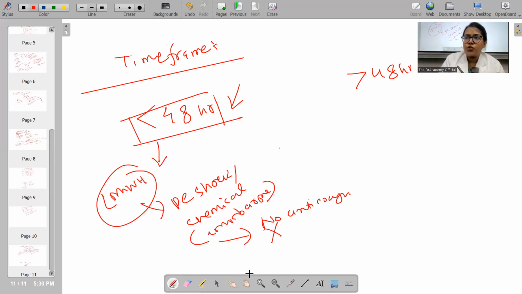If the patient has presented to you within the 48-hour period, and you're sure of the time from the onset of the symptom, then you have the time, so give the patient low molecular weight heparin to prevent the risk of thromboembolism, and then give DC shock or chemical cardioversion chosen by the cardiologist.